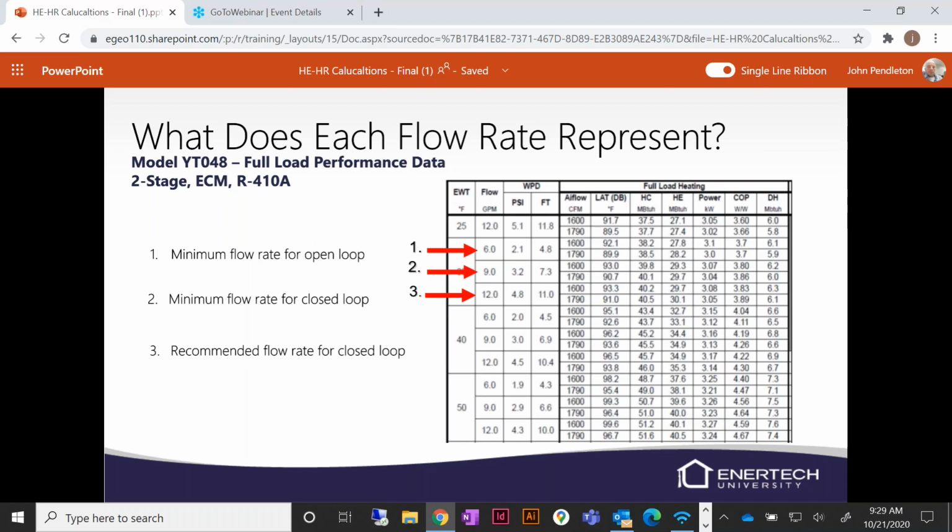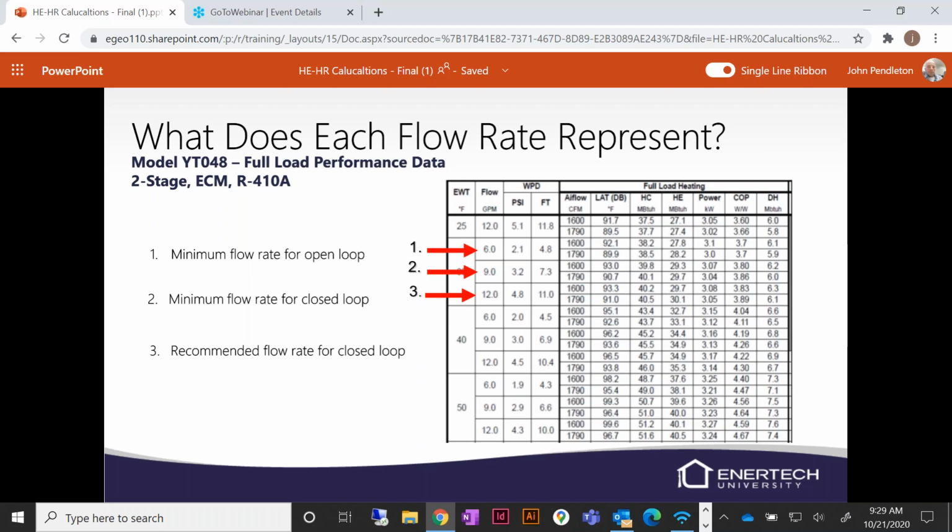Now, if you move more flow than what's listed, it's not the end of the world. You will waste a little bit of pumping watts, but the unit will still perform. Maybe not quite as efficient, but it'll still work. Basically, as you speed up the water flow, your temperature difference will get narrower or smaller.